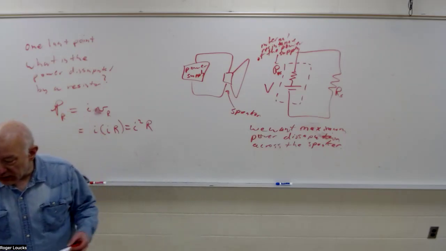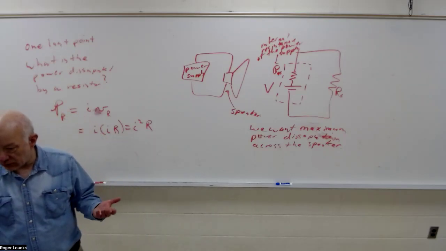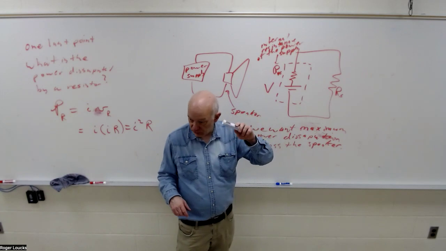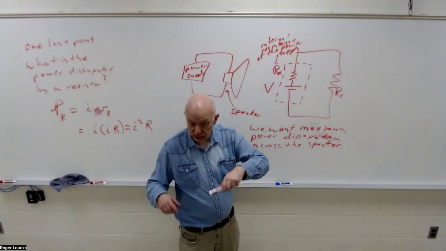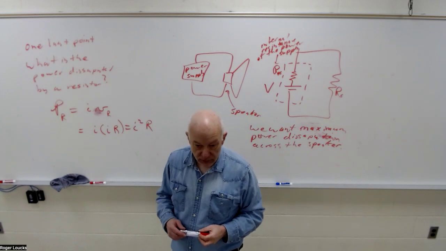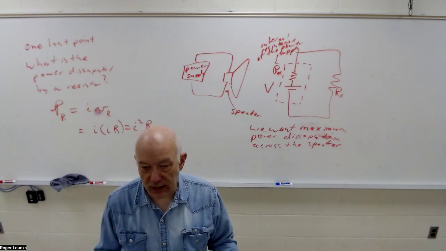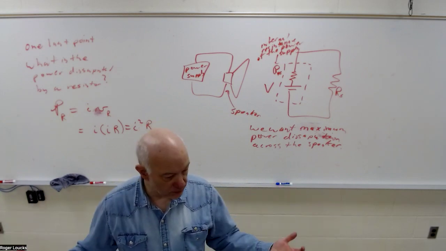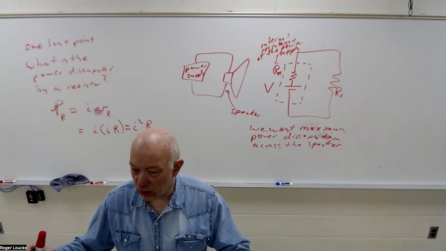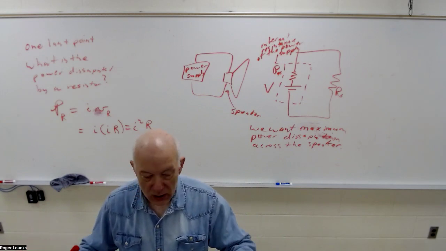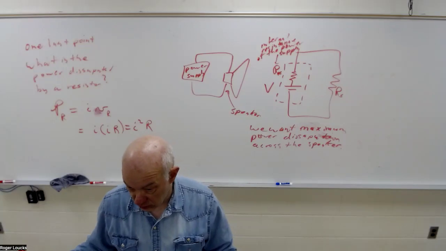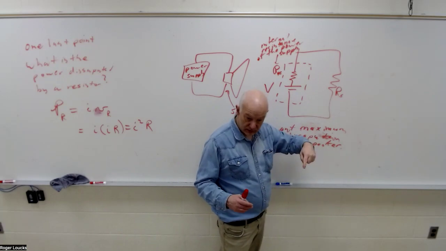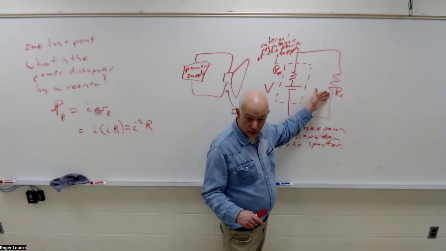Okay. The condition is going to be that if you want maximum power dissipation, I want the internal resistance of my power supply to match, to be equal to the resistance of the speaker. We're going to look at resistance more generally, and it's going to be called an impedance. And I'll explain why it's called an impedance, not resistance, later on. This is actually an example of what's called impedance matching, where I want basically the resistance of this to equal the resistance of this, and that guarantees maximum power here.